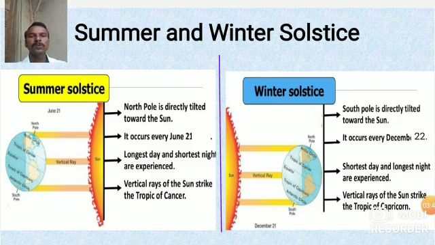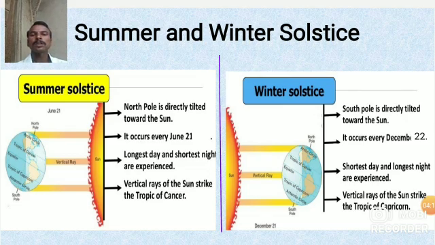So what is the difference between both? Let's understand through this flow chart. In summer solstice, the North Pole is directly tilted toward the sun. In winter solstice, the South Pole is directly tilted toward the sun. Vice versa. It occurs every June 21st. It occurs every December 22.